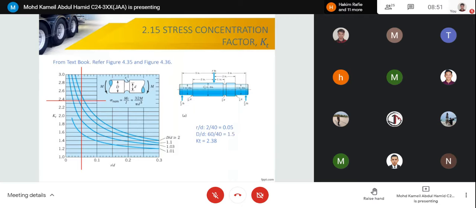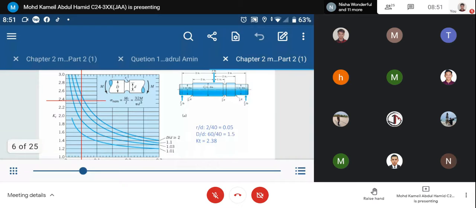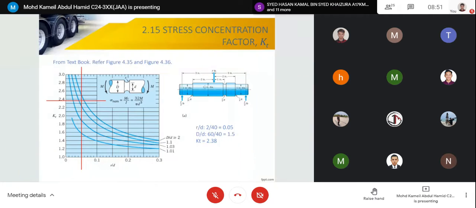And then using the blue line, D over d, the capital D over the small d. So we need to find the intersection of that two parameters, and then we will get our KT value.